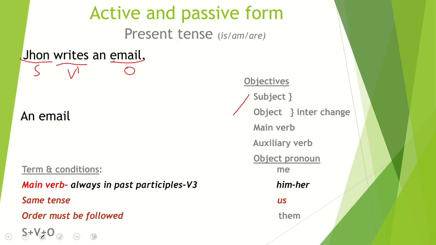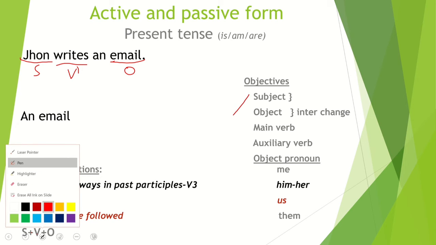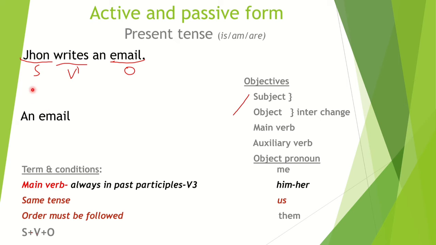So in this sense, we have to change our subject and object while we make the passive voice. Now, an email is our object. The object comes to the place of subject. So what is our object here? An email. So an email comes to the place of subject. Understood?